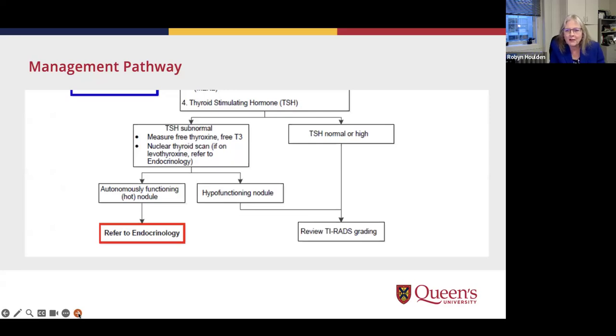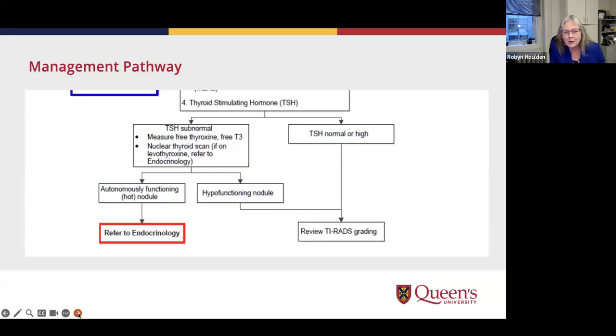And then we're going to also want to get a thyroid scan. And if the thyroid scan shows a hot nodule, we don't need to worry about malignancy. We could get that person seen by endocrinologists. We might need to manage them for hyperthyroidism, but we're worrying about something different. We're not worrying about the chance of malignancy in a hot or functioning nodule.